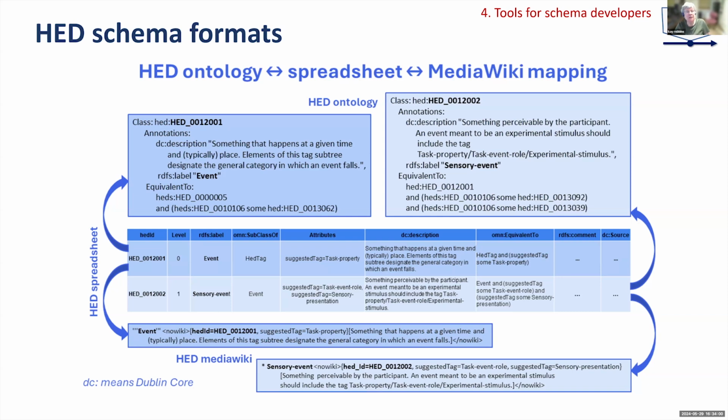The reason that MediaWiki was selected as the format, this was done a number of years ago, is because if you display MediaWiki in the GitHub repository, it displays the hierarchies correctly.